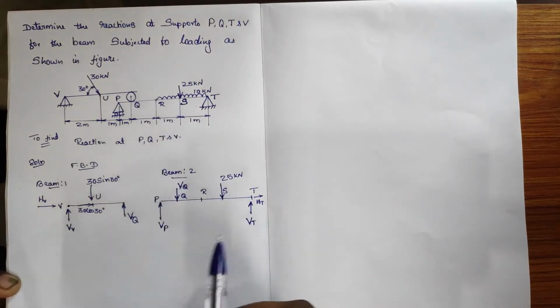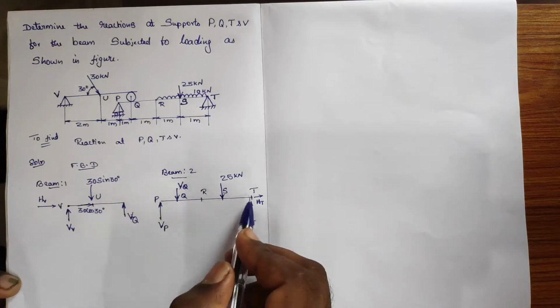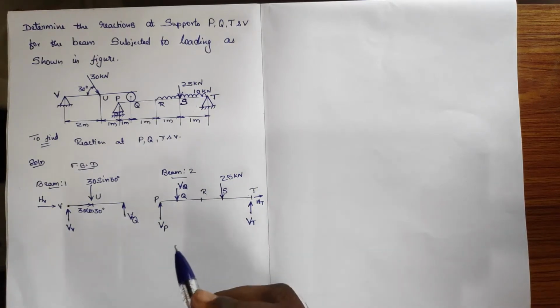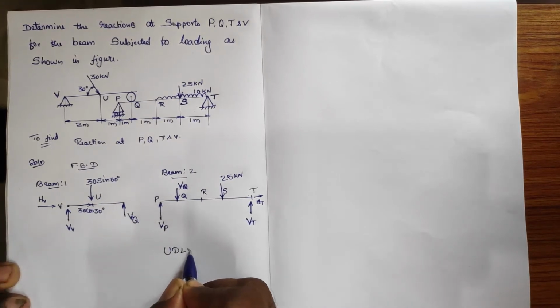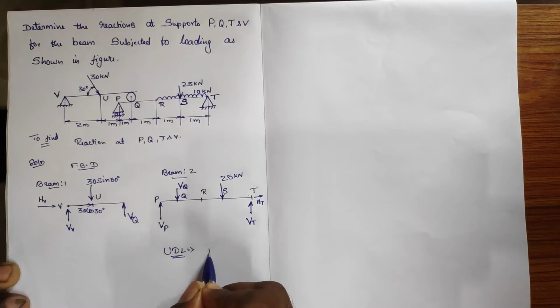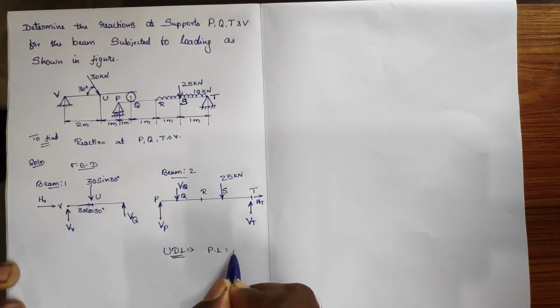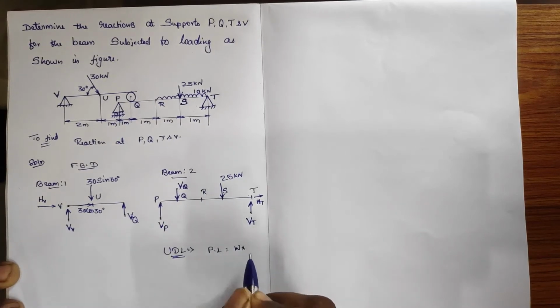So UDL is there. Here we have UDL, uniformly distributed load. In order to make the UDL into a point load, the conversion can be done by intensity of load into its length.